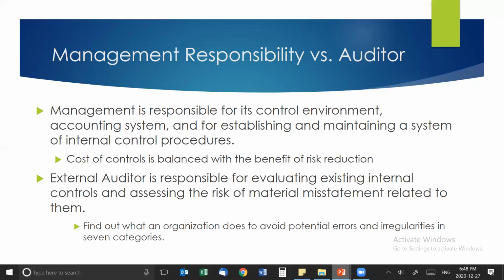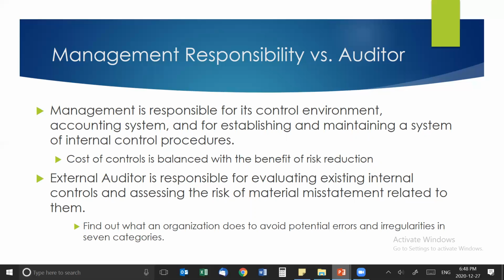For example, having security guards watching your inventory might be more expensive than having cameras set up to watch the inventory, like cameras in your warehouse, instead of having security guards standing around there. So management has to decide what is the cost of controls? Am I getting the cost benefit of reducing the risk that something could be stolen?